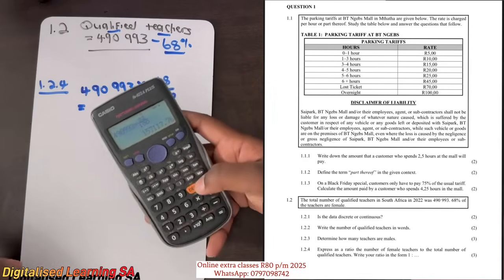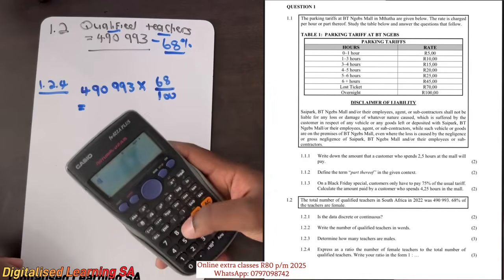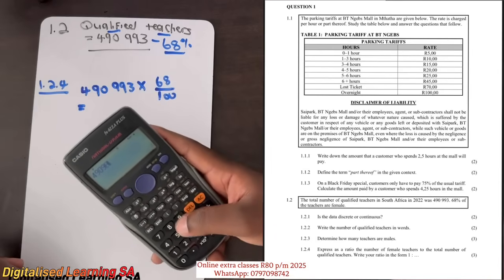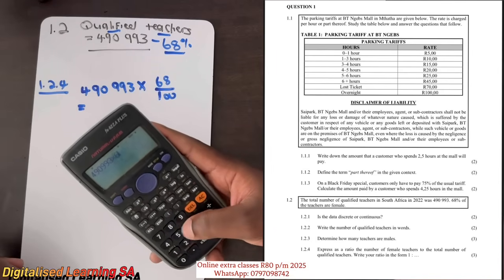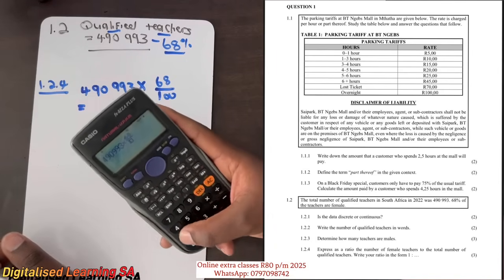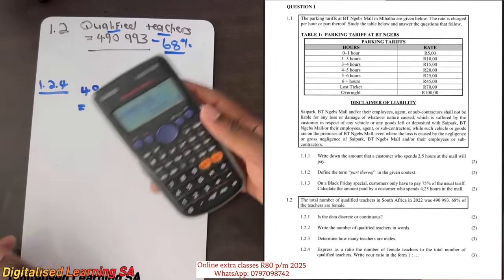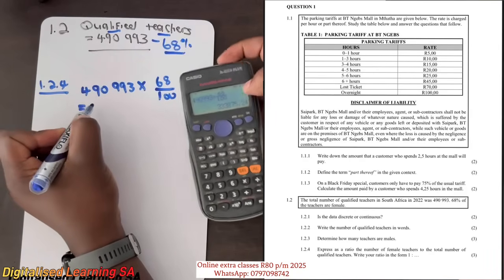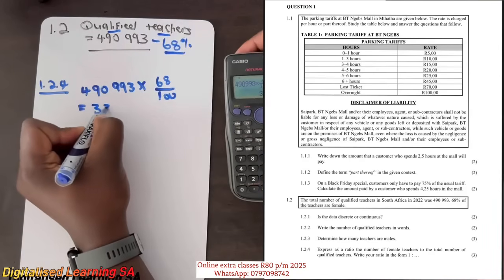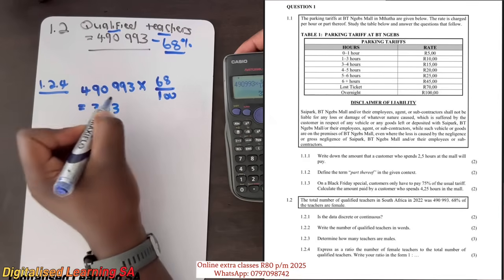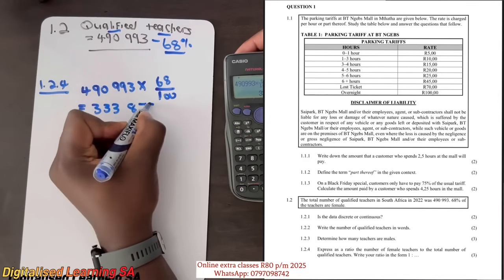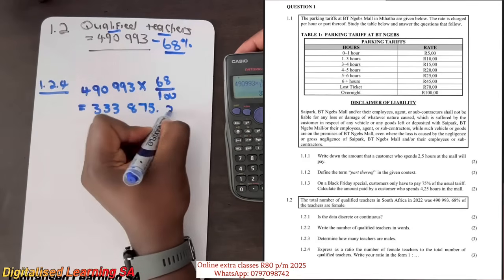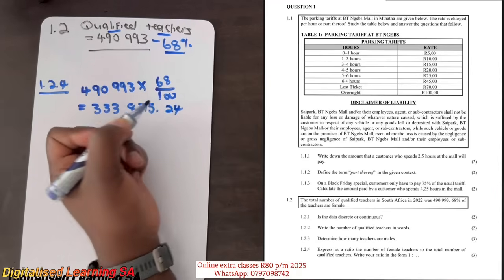And let's quickly do that. So it's 490,993 multiplied by 68 over 100. And our answer will be 333,875.24.